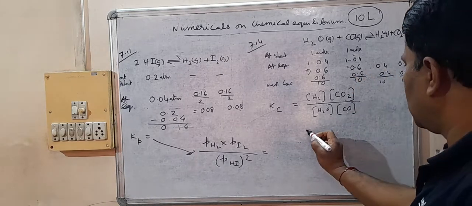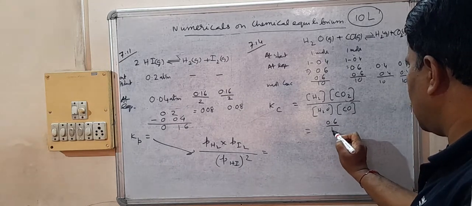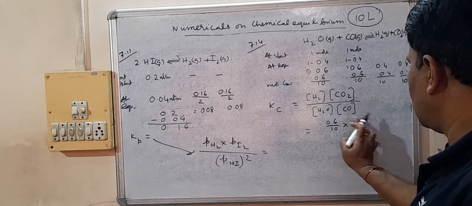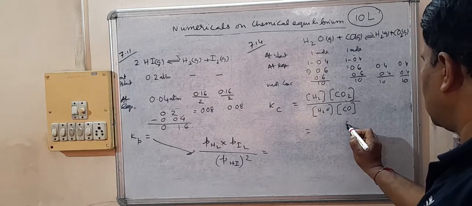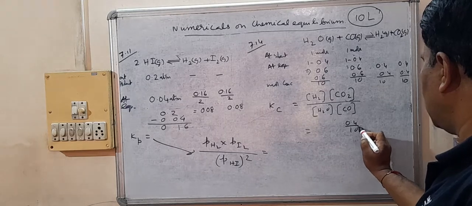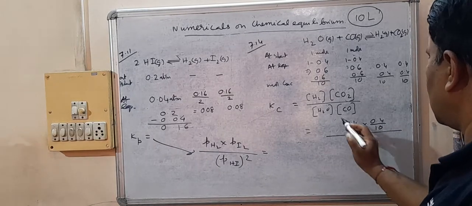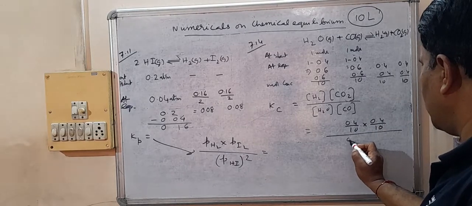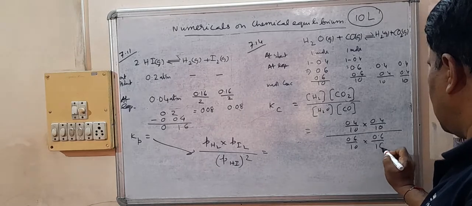So we put these values: 0.4 by 10 into 0.4 by 10, over 0.6 by 10 into 0.6 by 10.